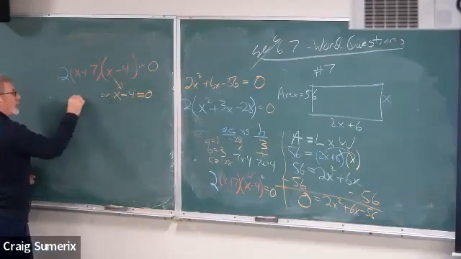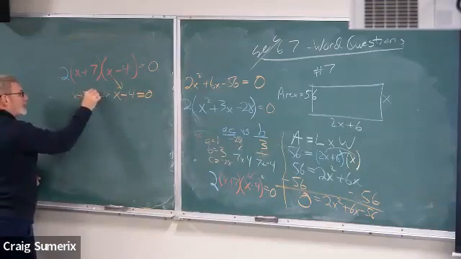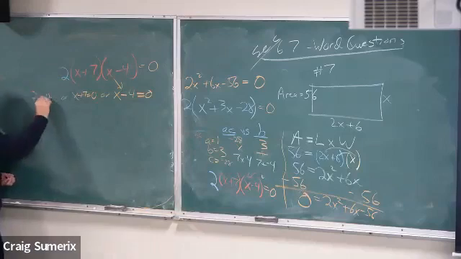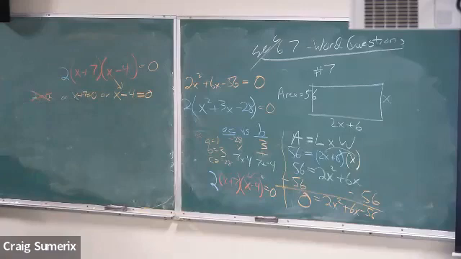Or x plus 7 is equal to 0? Or can 2 equal to 0? No. What does that tell you? Two possible answers. It means that 2 can't be 0, so we don't have to worry about the 2. If it was 2x, that would be a different story. But this is just 2.